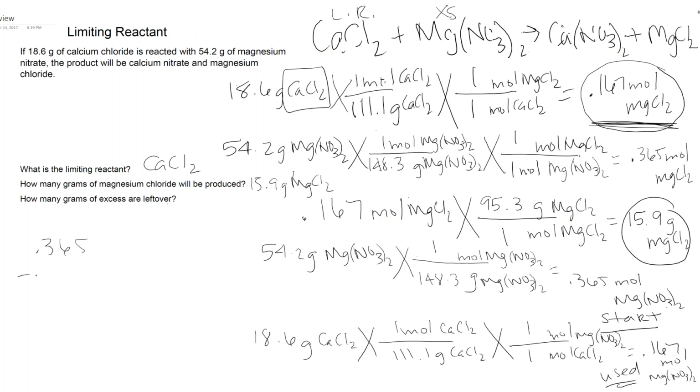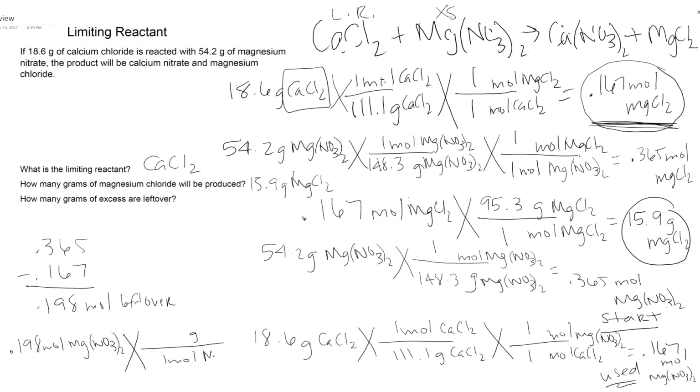If we want to find out how much is left over, we take our starting amount, subtract the amount that was used, and we get 0.198 moles left over. But the question was asking for this number in grams, so we take the 0.198 moles of our MgNO3 and do a one-step conversion from moles to grams using our molar mass.